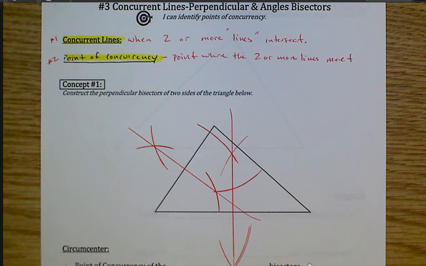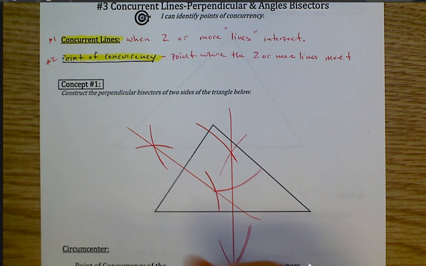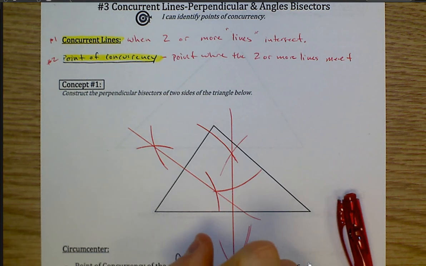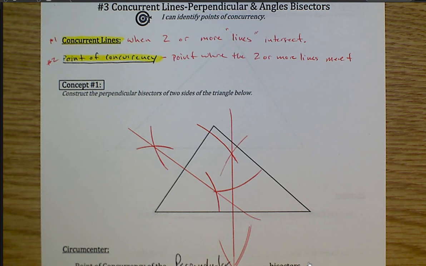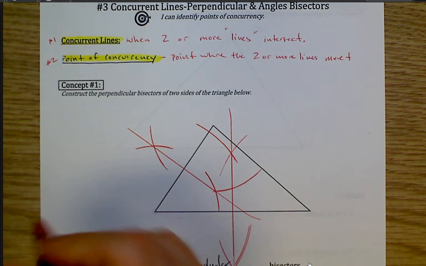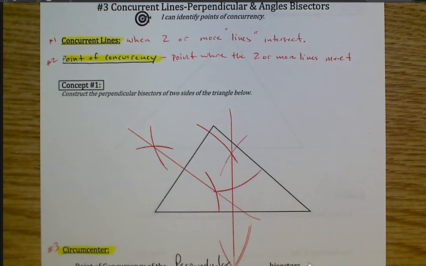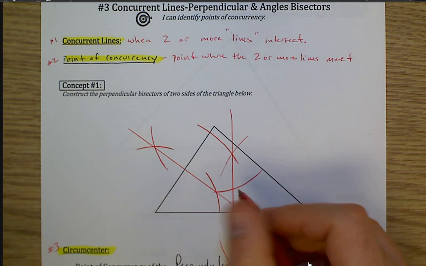Now, the point of concurrency of the perpendicular bisectors, I'll use black here not to be confused, is called the circumcenter. This is vocab word number 3. Okay, the circumcenter is this point right here.